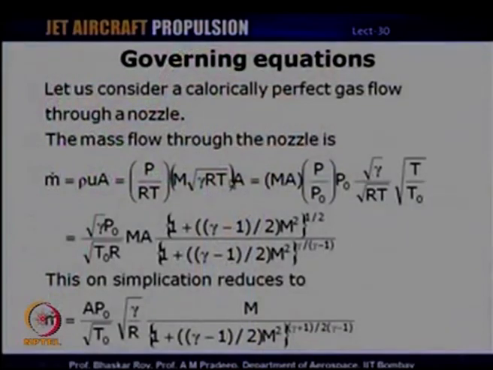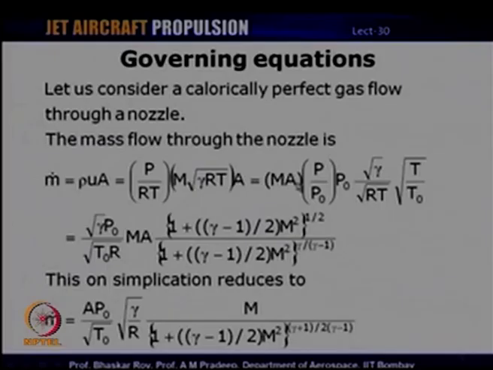So, let us consider flow of a calorically perfect gas through a nozzle, which could either be a convergent nozzle or a convergent divergent nozzle. Mass flow rate, as we know, is the product of density, velocity and area. Density we know is pressure divided by RT, P by RT. Velocity is Mach number times square root of gamma RT, and area A. Here we are going to simplify this.